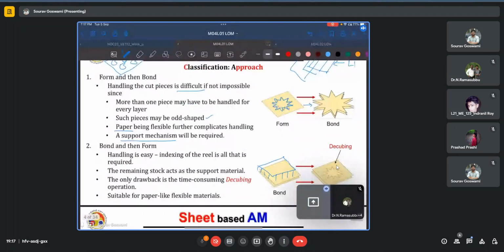For the bond and then form approach, first we simply bond all the layers based on the number of layers required and the build volume. We index the raw feedstock and then bond those multiple layers together.